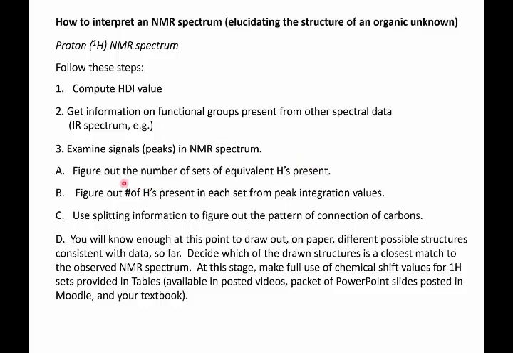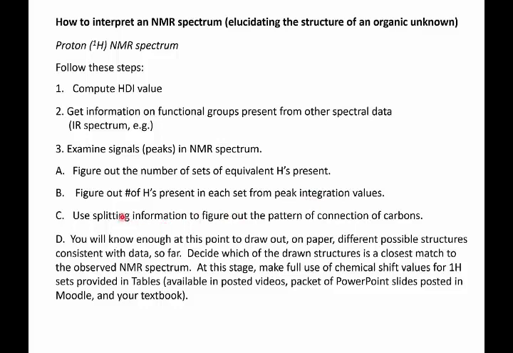Secondly, you want to figure out the number of hydrogens present in each set from the peak integration values. That's the information from a spectrum, which is the relative area of those signals. That will tell you the relative number of hydrogens in each signal.